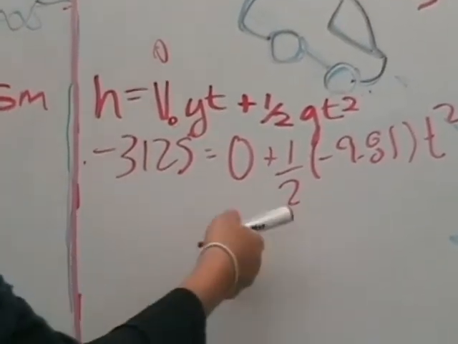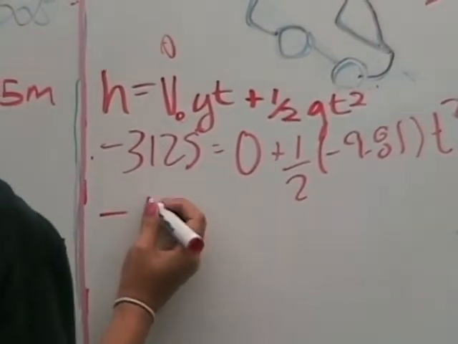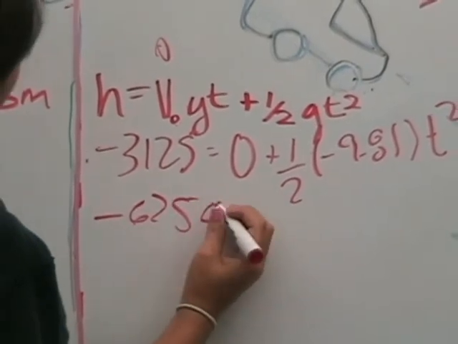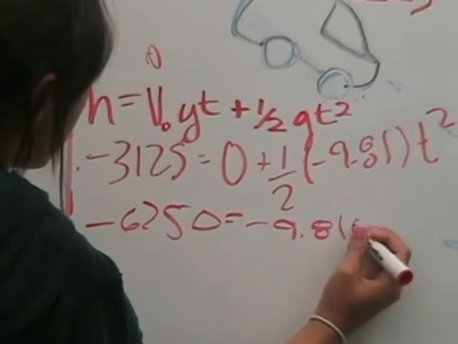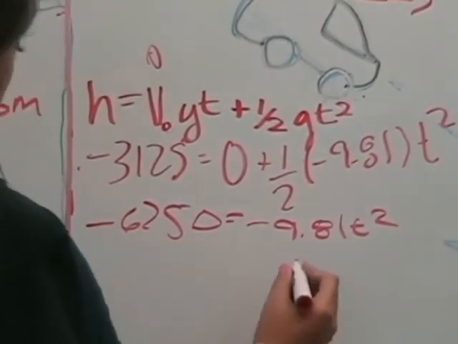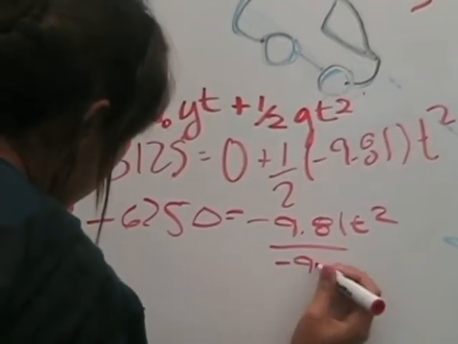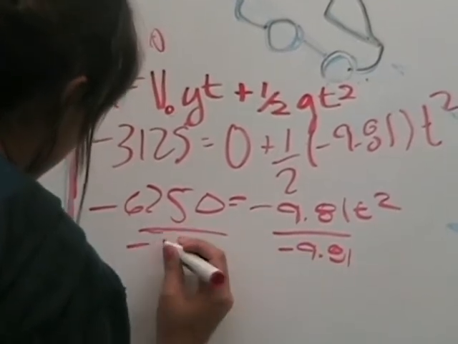We can multiply both sides by 2, and that'll get us negative 6,250 equals negative 9.81 t squared. Divide both sides by negative 9.81.